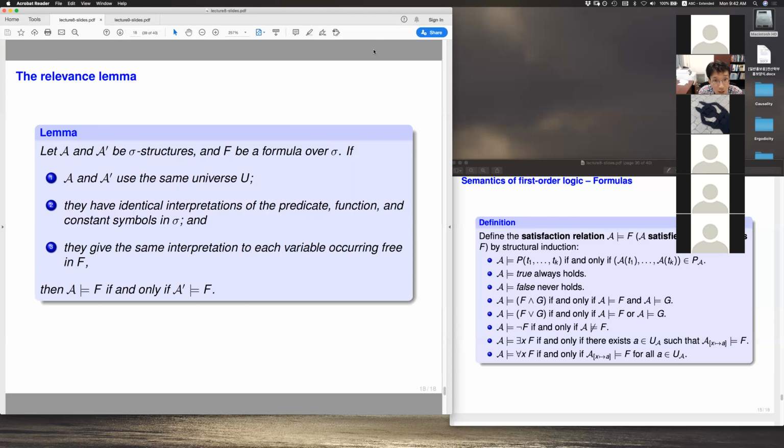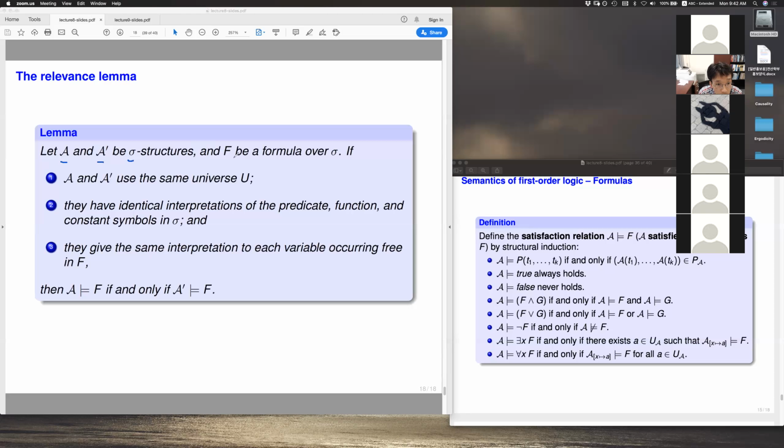And what this lemma says is something very obvious. We have two structures, A and A prime. They are structures over the same signature. Actually, in the more generalized version they don't have to be over the same signature, but here we have structures over the same signature sigma.